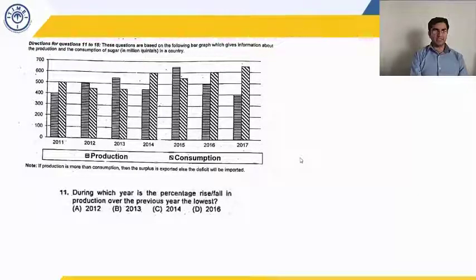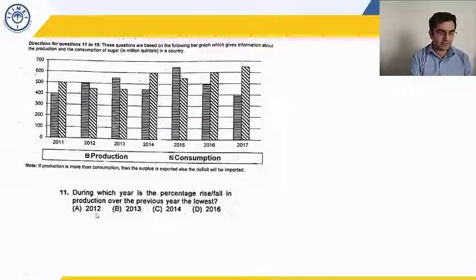A little calculation intensive question. Okay, let's solve. So during which year is the percentage rise or fall in production over the previous year the lowest? So you need to compare two consecutive years and see what was the rise or fall in production.